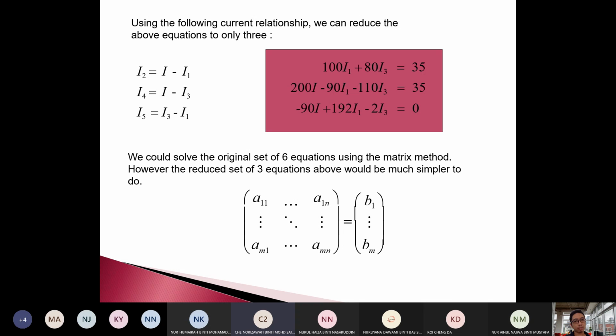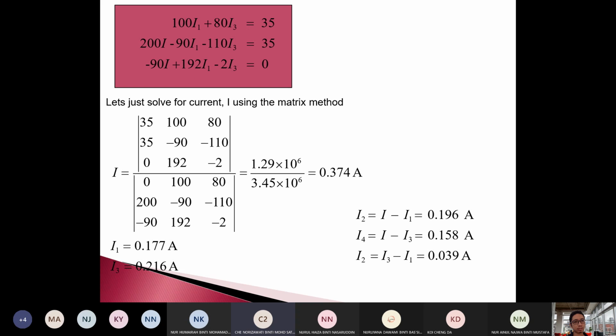So the way you do this is, because you have a set of I, I1 and I3 equal to something, you can use that to solve using the matrix equation. Like this one, if those you make equal to I1, it would be like this.